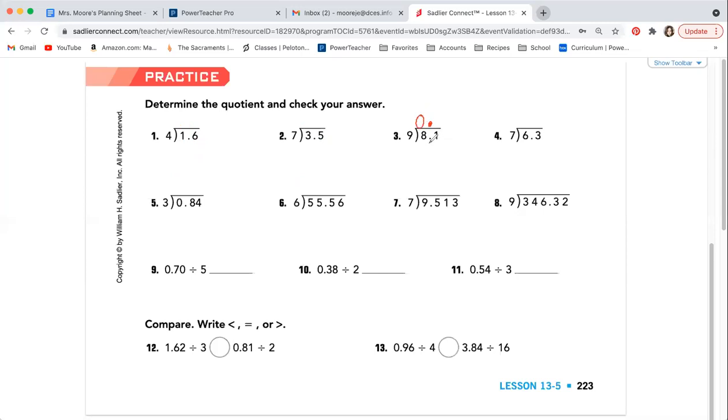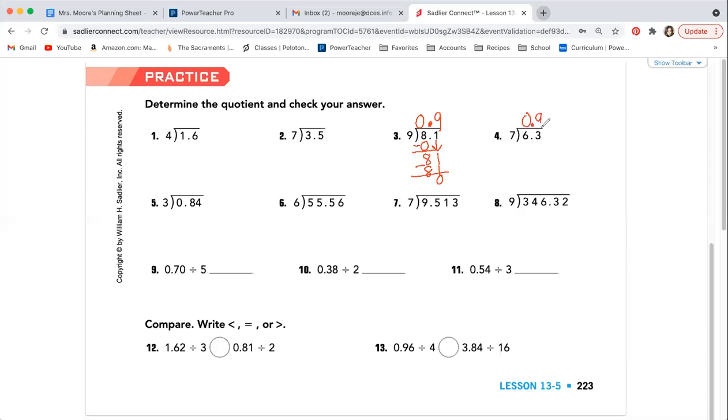Finished. All right, I'm just working slowly through them so you can check your work. Grab that next bit of the dividend. Hey, did we get the same answer for both of them?